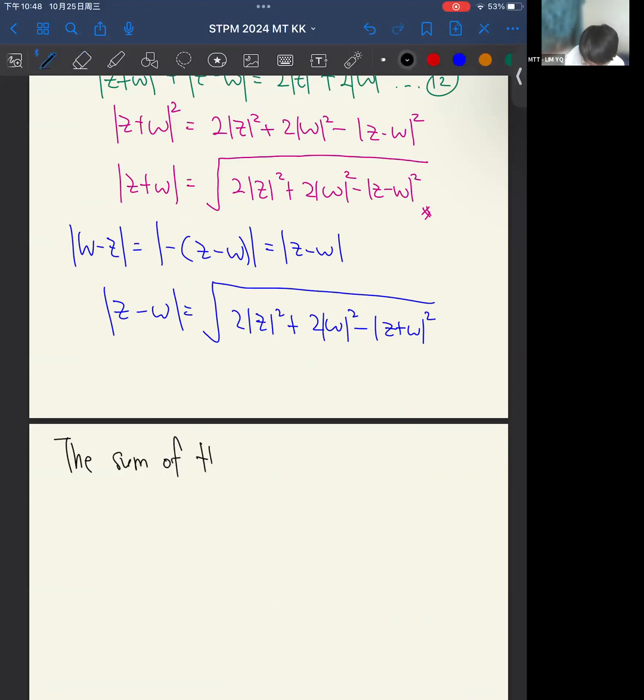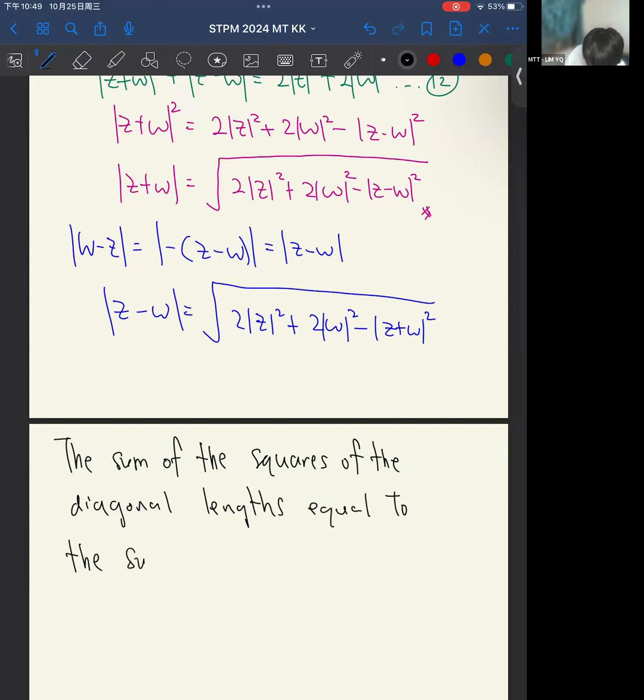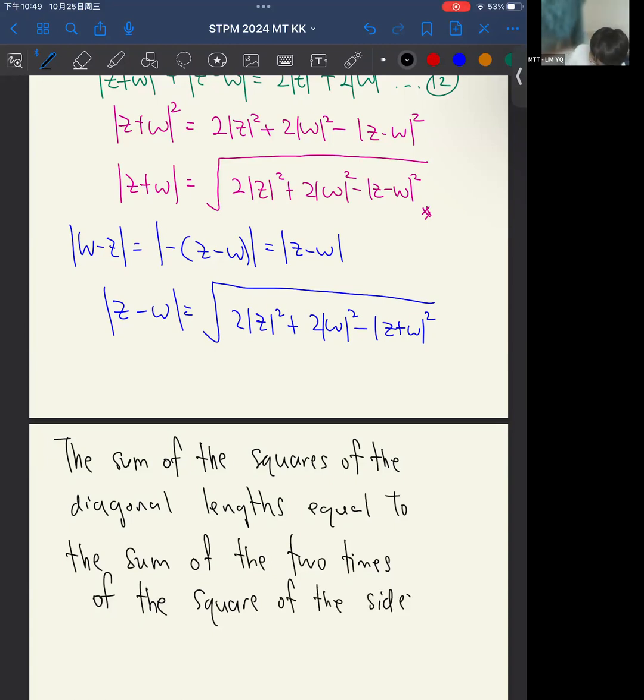The sum of the squares of the diagonal lengths is equal to 2 times the sum of the squares of the sides of the parallelogram.